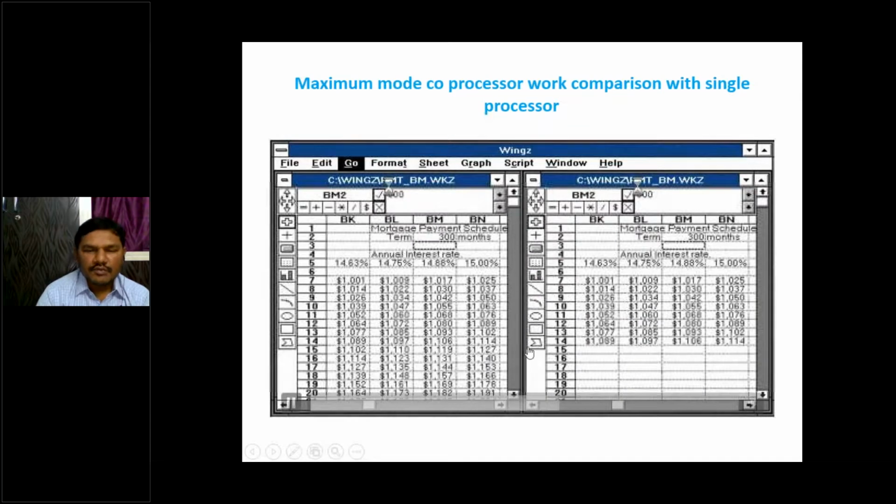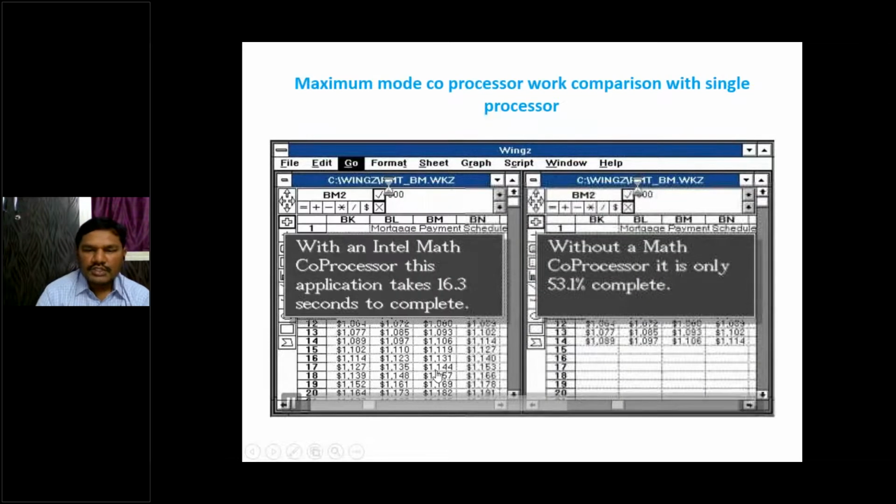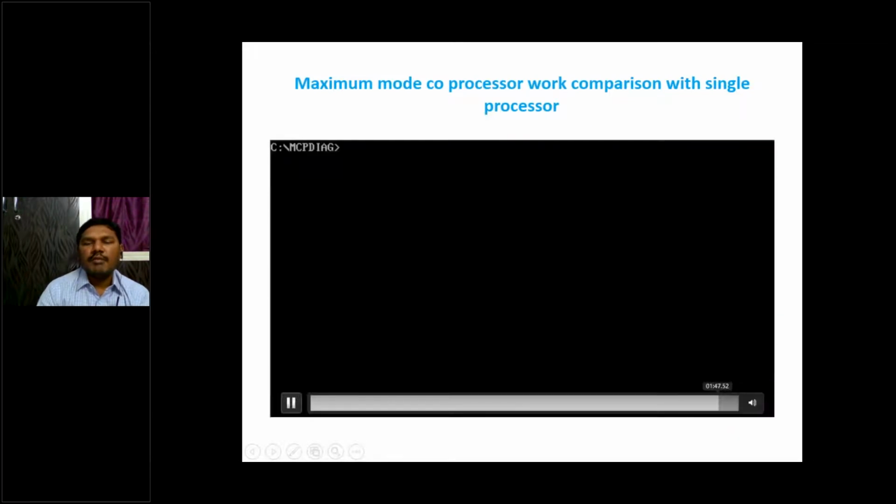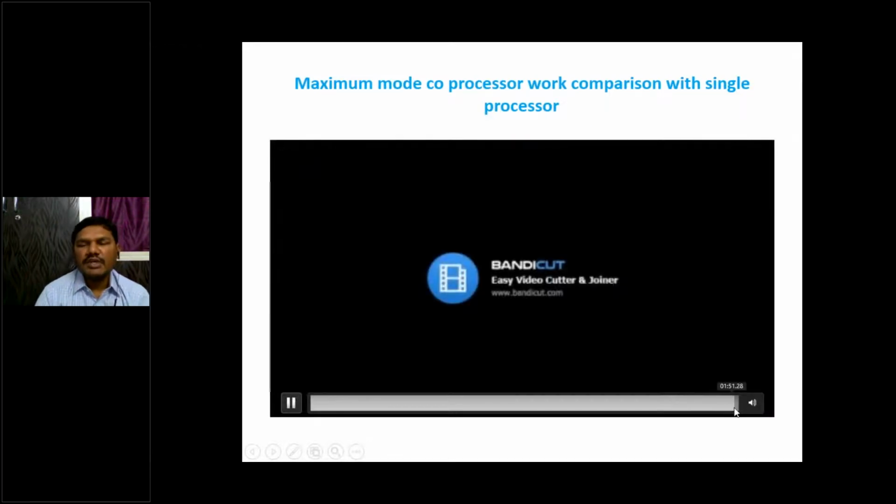You can see here one more difference with coprocessor and without coprocessor. So this is the difference between minimum mode and maximum mode of operation. Like that, we have so many features of maximum mode of operation.